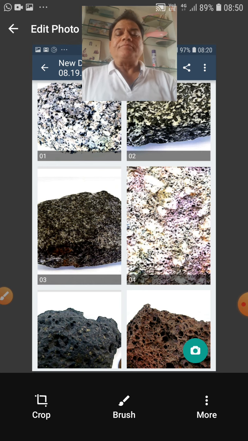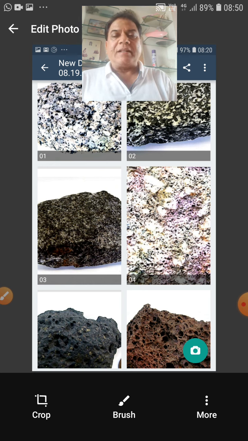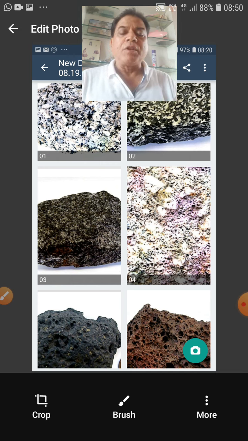So broadly speaking, the size of the grains of igneous rocks can be classified as coarse grained, whose diameter is more than 5 mm, then medium grained, 1 to 5 mm, fine grained, less than 1 mm, to the extent we can observe with naked eyes or under microscope, and ultimately the zero grain size, or the glassy. So these are the four possible groupings on the basis of size.